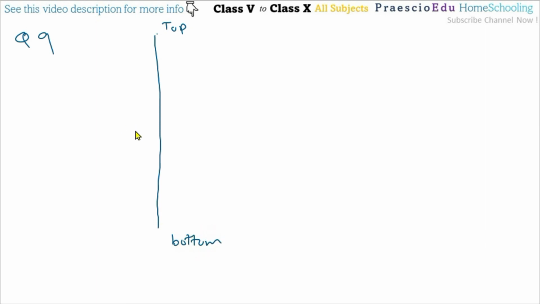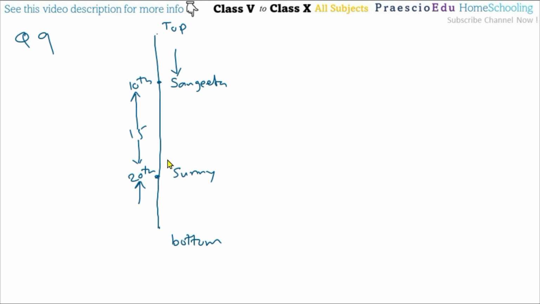Sangeeta is 10th from the beginning, and Sunny is 20th from the end, but from the bottom. In between Sangeeta and Sunny, there are the names of 15 students. I will mention the complete names, Sangeeta and Sunny.